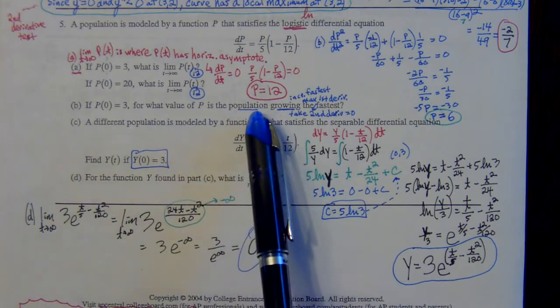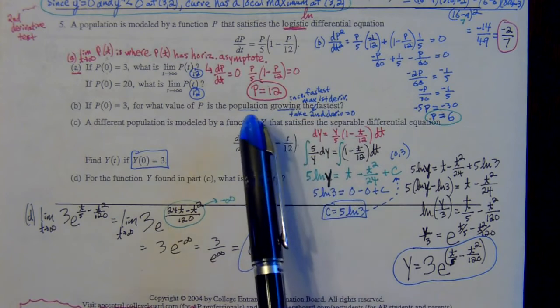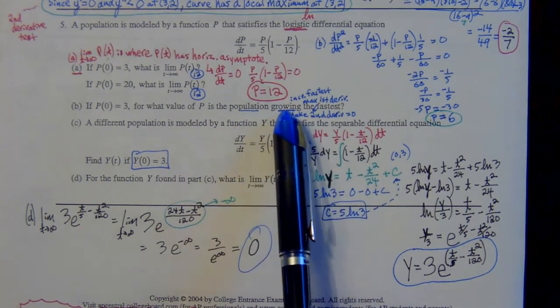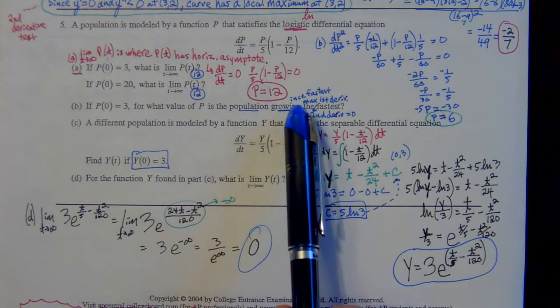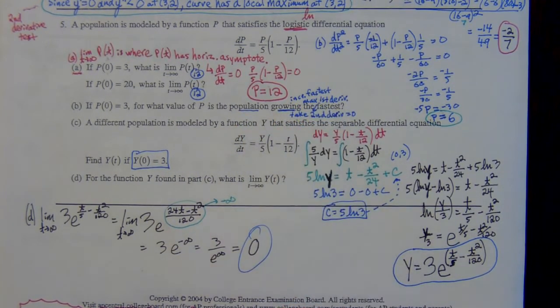Part B is saying, when is the population growing the fastest? Now, population growing, that's the first derivative. Where is that increasing the fastest? They're asking us to maximize that first derivative. Anytime you want to maximize or minimize anything, you've got to take its derivative and set that equal to zero. So this involves taking the second derivative and setting that equal to zero.